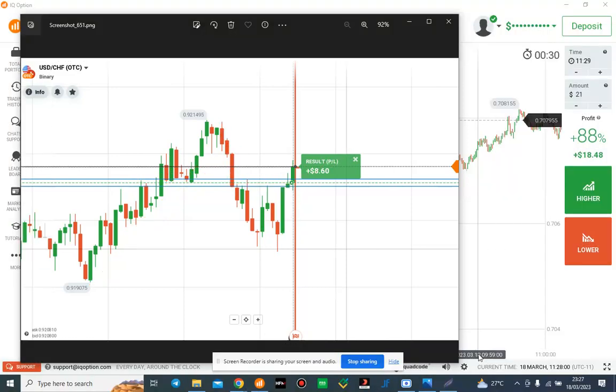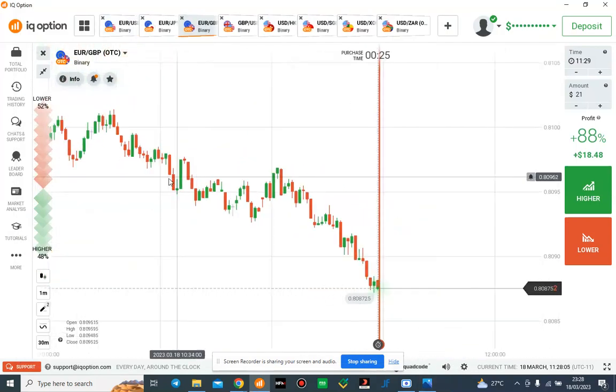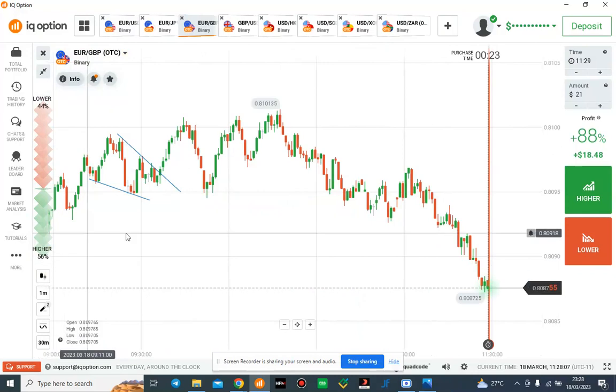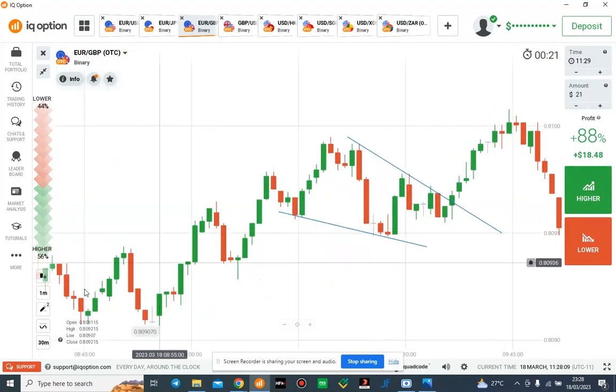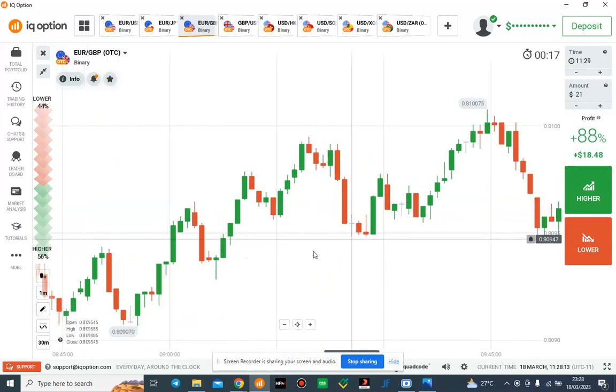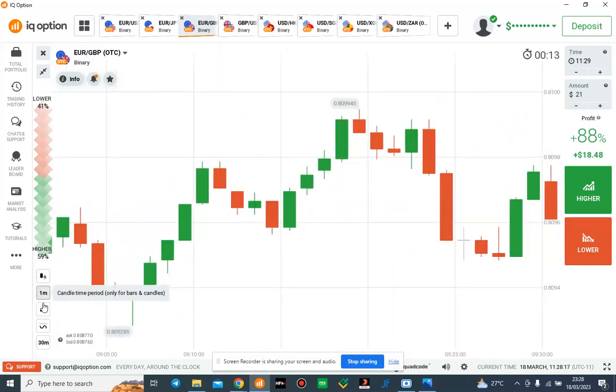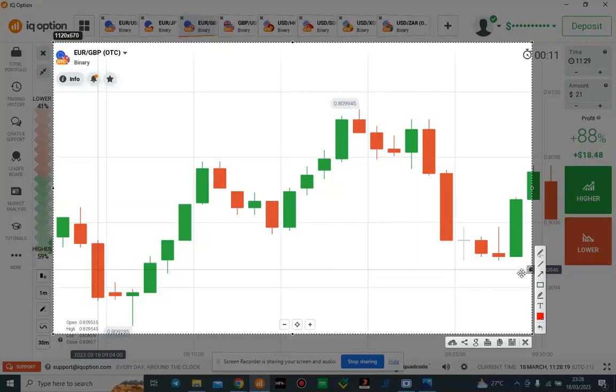Let me show you some examples on the chart. I've already made an example on this one. If you look on the left side, you will see a resistance here.